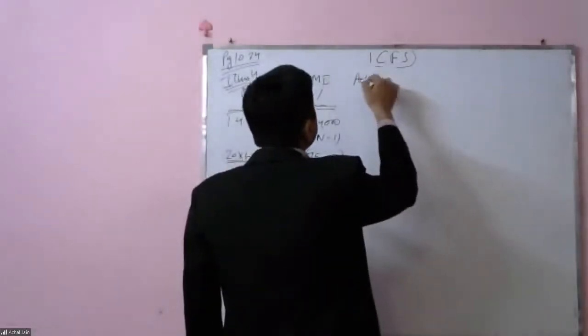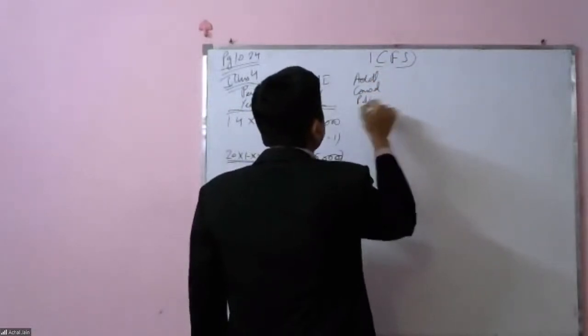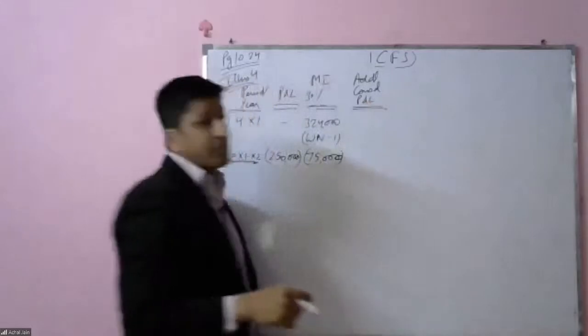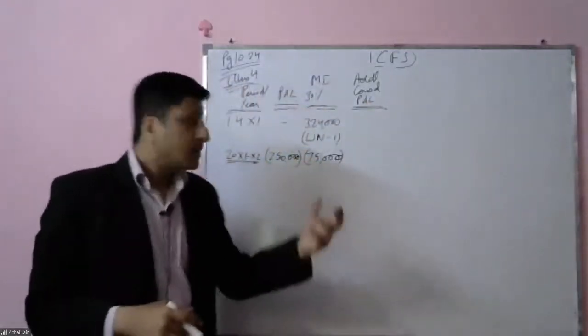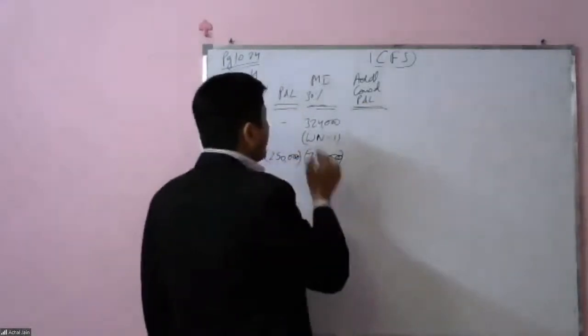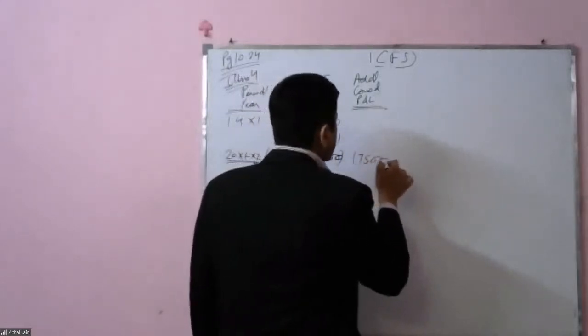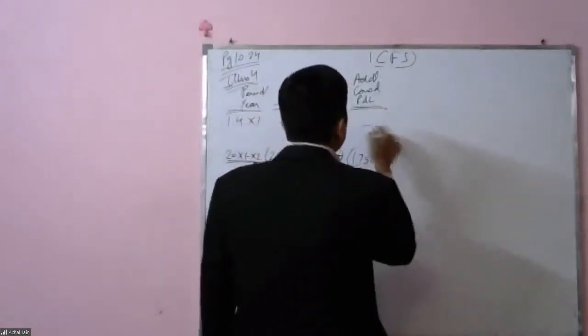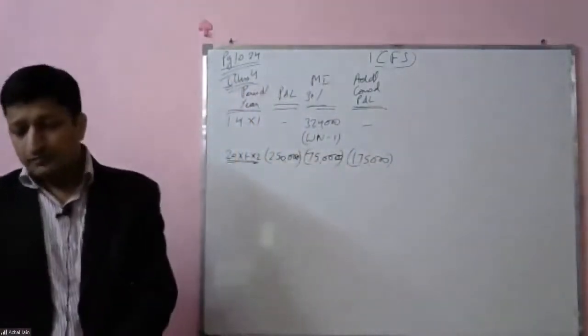Additional consolidated P&L, because in the consolidated P&L there will be a P&L balance of parent and a portion of subsidiary. So this will be 250 less 75, that is 1,75,000. This loss will go to the parent in the consolidation.